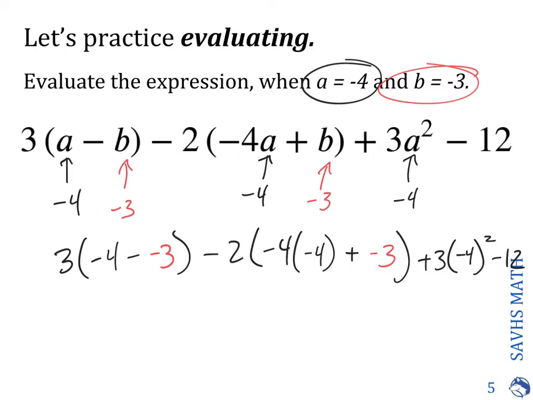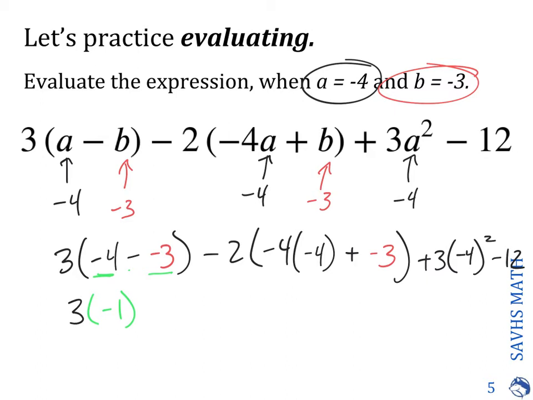Okay, so now we have some order of operations stuff to get done. Let's take a look at all the stuff inside the parentheses first and just simplify everything in the parentheses. So negative 4 minus negative 3 is negative 1.